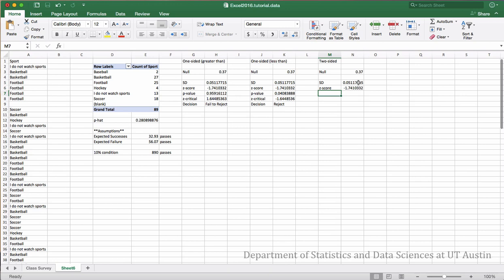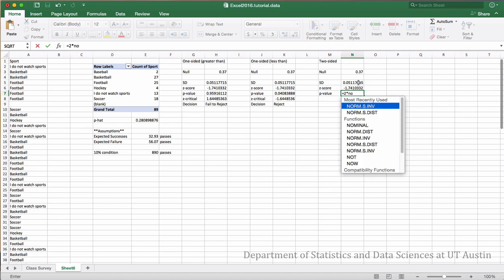Now, when calculating the p-value, since it's two-sided, and since a normal distribution is symmetrical, what we will do here is take that the lower end, being less than negative 1.74, is going to be the same as being greater than positive 1.74. So all I'm going to do here is 2 times NORM.S.DIST.